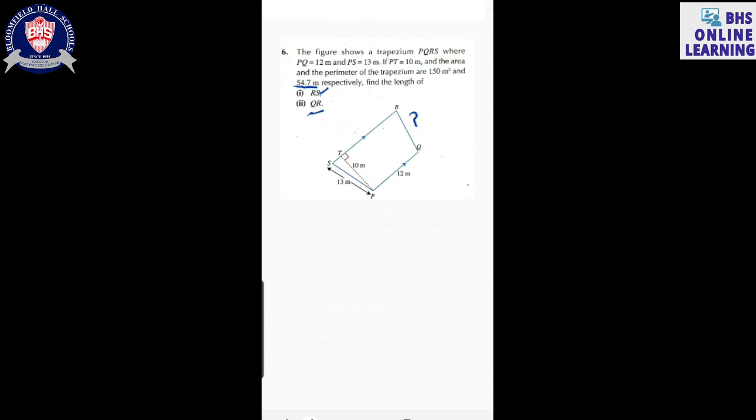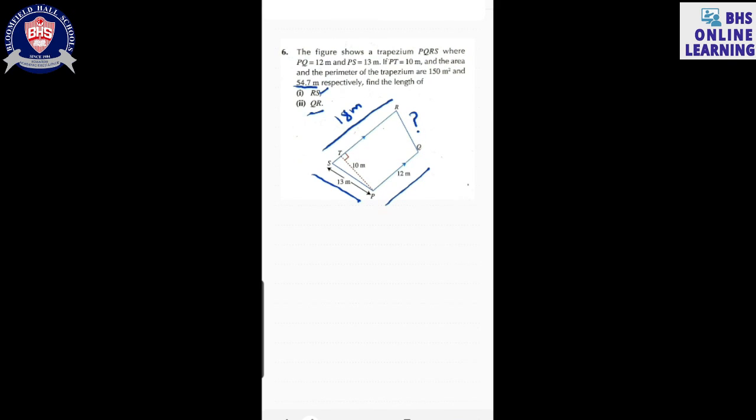This is the QR line. This line is 12 meter, this is 13 meter, and in the first part I calculated RS, which is 18 meter, and now we need to find out its fourth line.